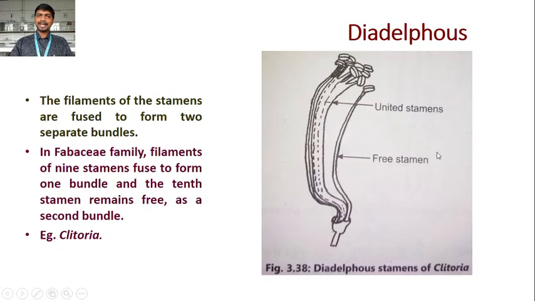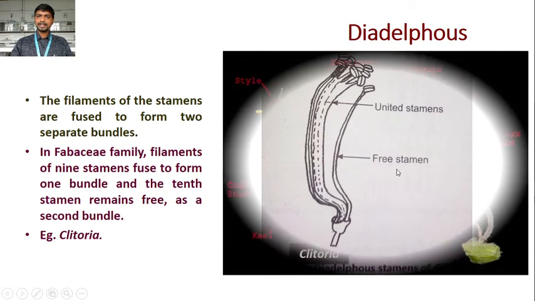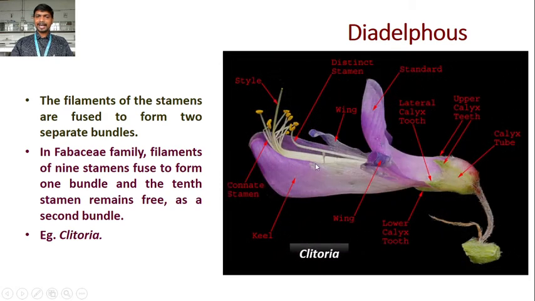The second one is the diadelphous condition, where the filaments of 9 stamens are united to form one bundle, while the 10th stamen remains free and forms the second bundle. This is found in Clitoria. So in all it forms 2 separate bundles, diadelphous condition.